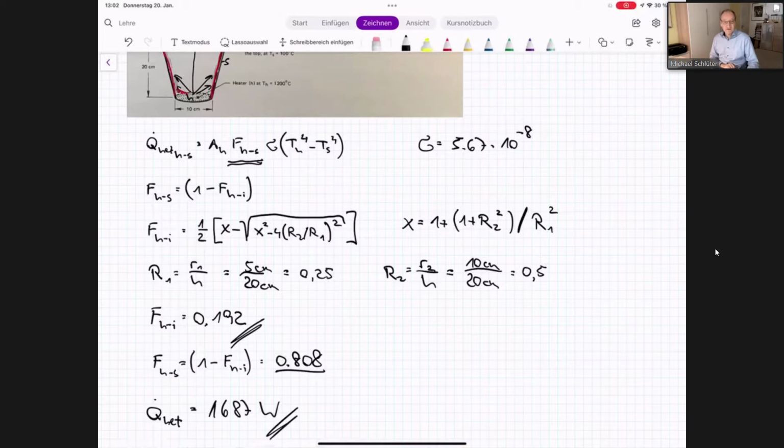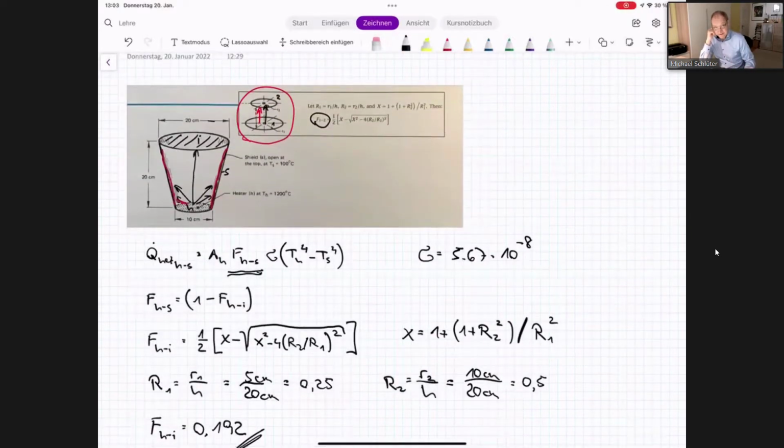So we have 1,687 watt that are transferred from the heater with radiative heat transfer to the shield. Now with that value we can do the calculation. Okay.